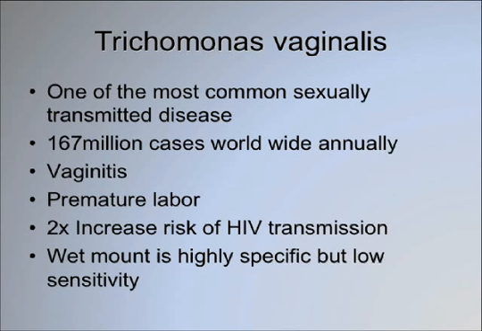Trichomonas vaginalis. It's the most common sexually transmitted disease. 167 million cases worldwide annually, produces vaginitis. Vaginitis is a huge healthcare load in the primary care community. Contributes to premature labor, also doubles the increased risk of transmission of HIV when you have breakdown in the cervix. There's capillary bleeding as a result of the cervicitis, mixing of fluids, and a much greater risk of HIV transmission.